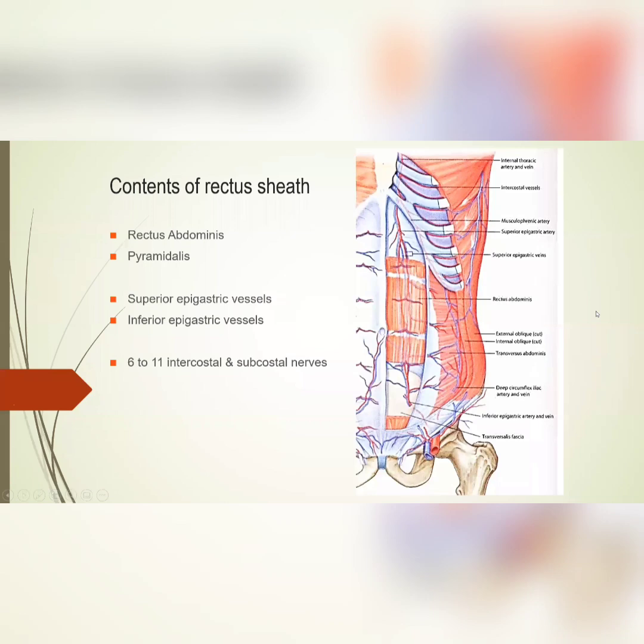You have to learn these contents as well. Does anyone know superior epigastric artery is a branch of which artery? Internal thoracic artery gives rise to the branch superior epigastric artery.